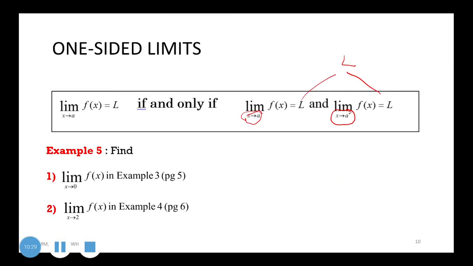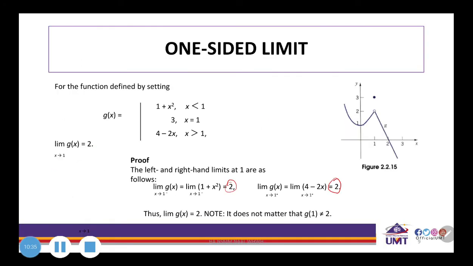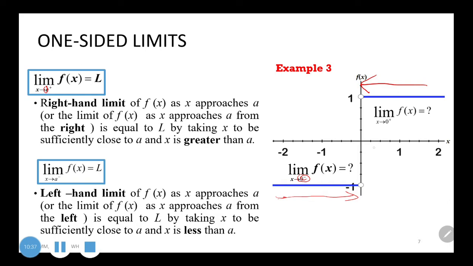So the question is, find the limit of x as it approaches 0. Okay, the limit for x from the right hand side is 1, and the limit from the left hand side is minus 1.